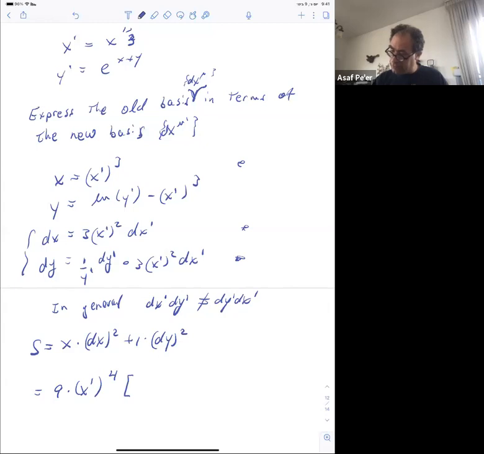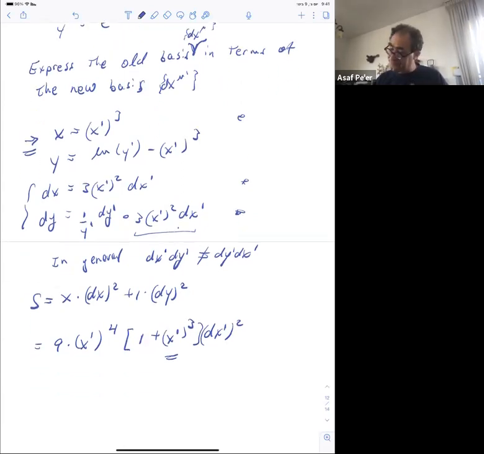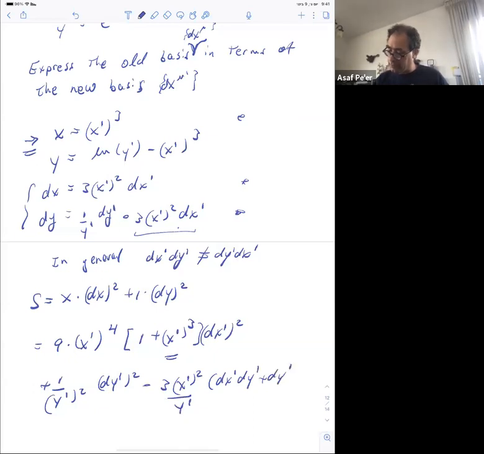Because I have to square the dy as well, I get the 1 from this one plus x prime cubed from this one, dx prime squared, and then plus 1 over y prime squared dy prime squared, minus 3 x prime squared over y prime, dx prime dy prime plus dy prime dx prime.